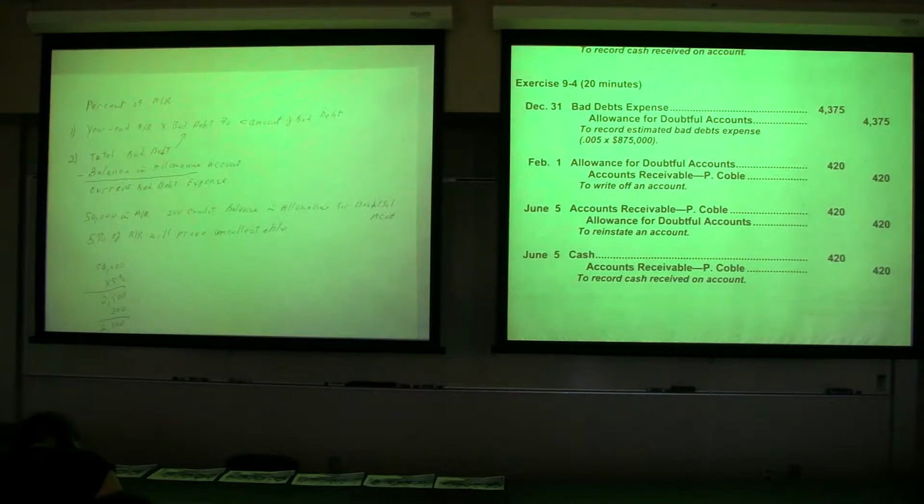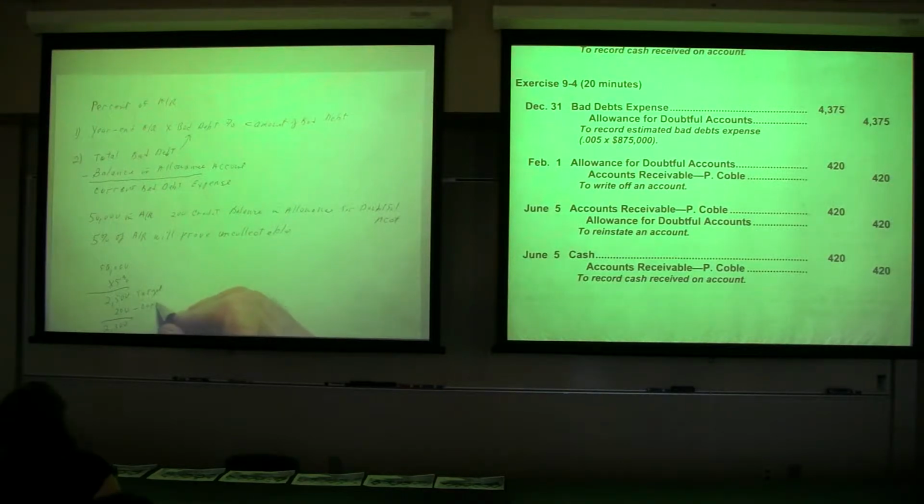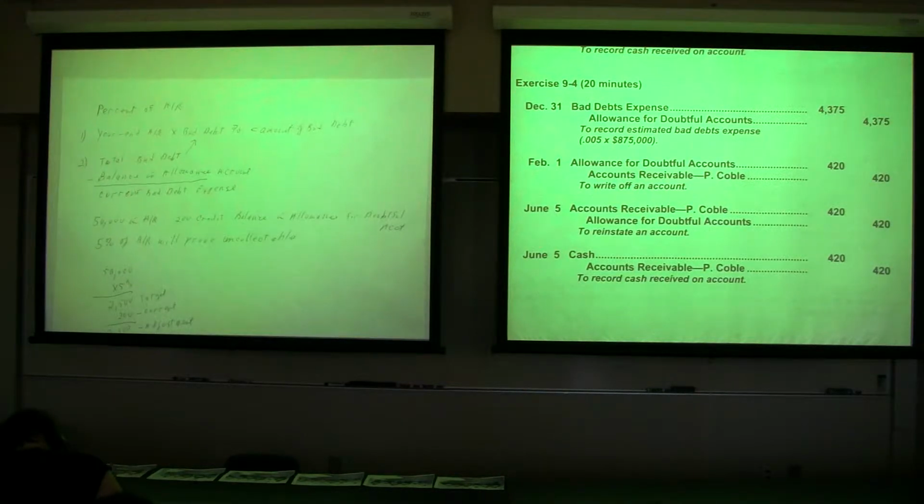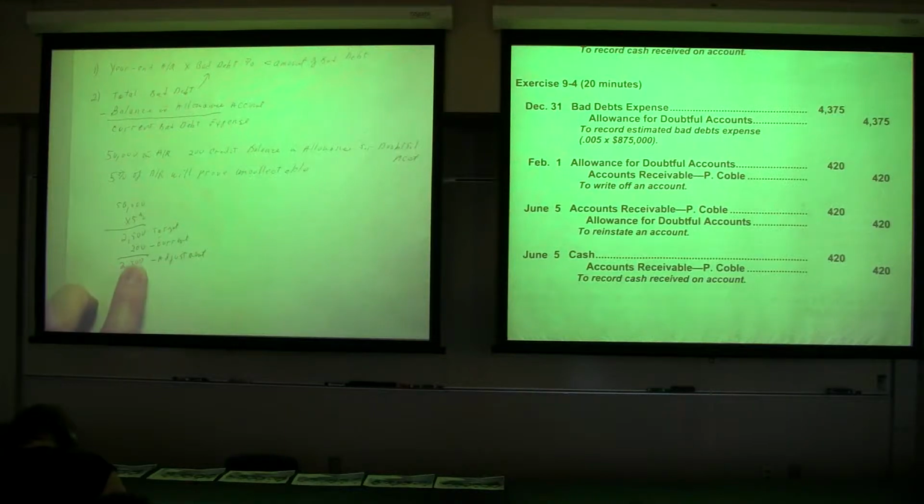So here's your target, here's your current, so here's the adjustment. The adjustment of 2,300 will raise the current balance of 200 up to the 2,500, okay?